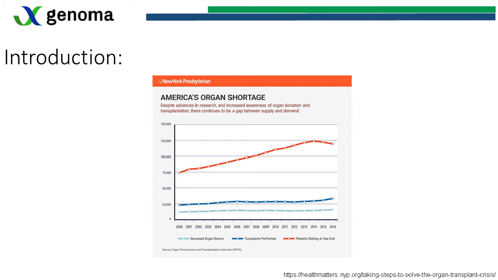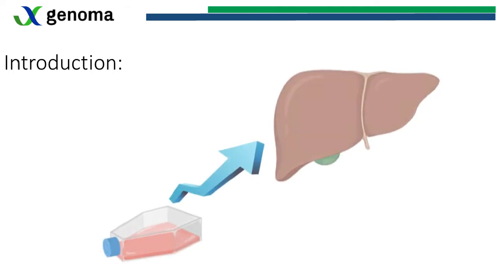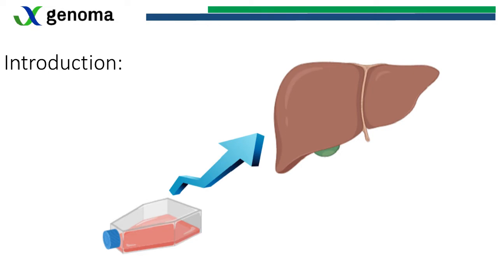So we need to do something to address this issue, and that's something that I chose to work on in my scientific career, to develop new technologies to address this important issue. So what I'm going to talk to you about today is how to use stem cells to generate functional tissue for transplantation.